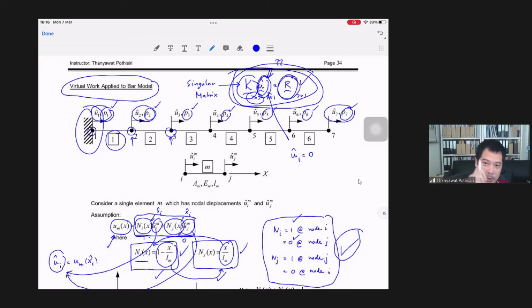But now as you put constraint onto this system of equation, this equation would look different from the original one, right? Because earlier you didn't know any displacement values at all, but now you specify some of them.